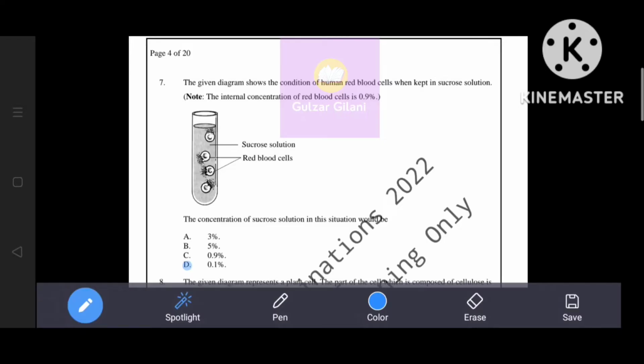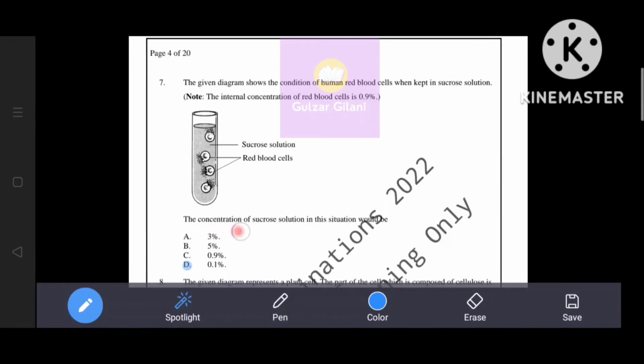Next question. The given diagram shows the condition of human red blood cells when kept in sucrose solution. Note the internal concentration of red blood cell is 0.9%.